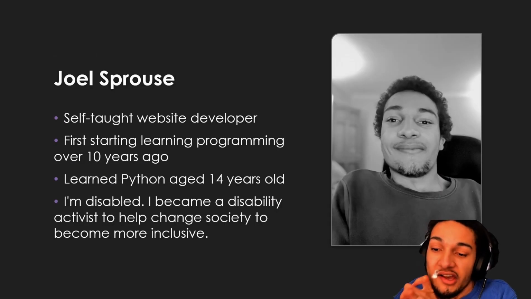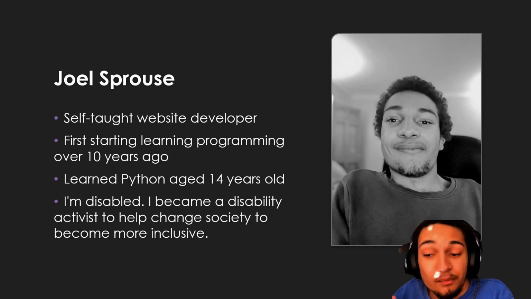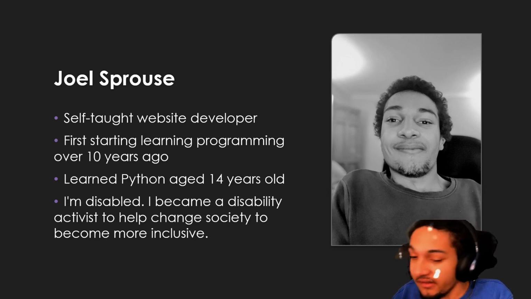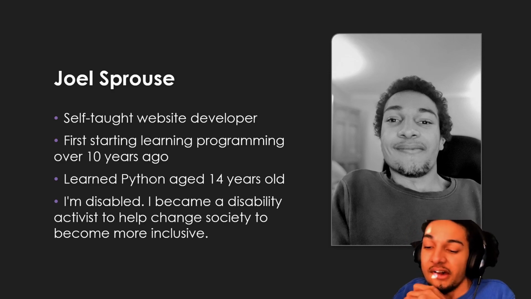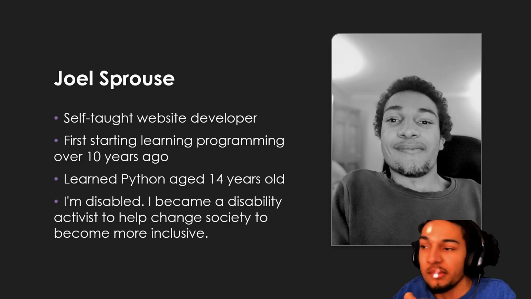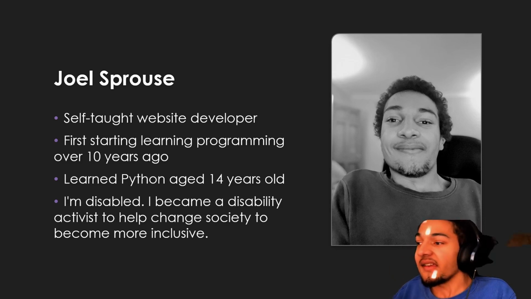I'm George Sprouse. I am a self-taught website developer. I first started learning programming about 10 years ago, give or take. I taught myself Python when I was 14, and more relevant to this particular class, I am disabled, and I became a disability activist to help change society so that it's more inclusive and we can help more disabled people access software better, access websites and that sort of thing.